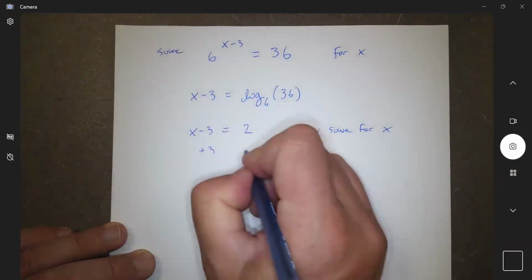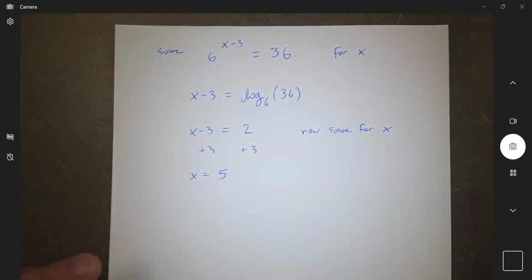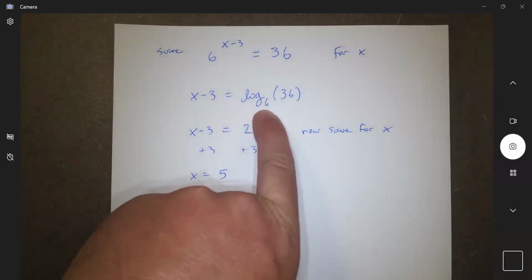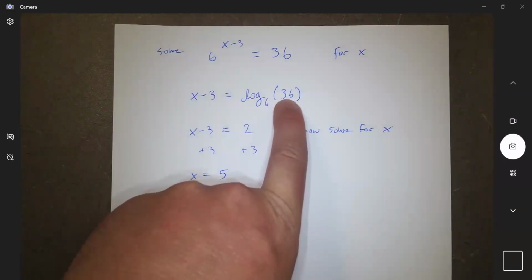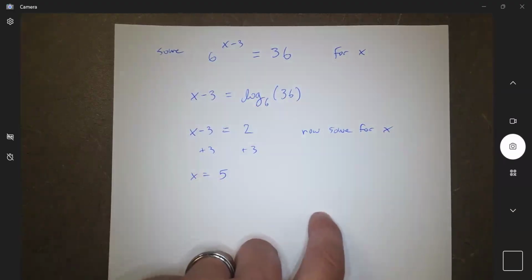Log base 6, log base 5, each one of them has a specific number, right? Log 6 is a value, log 5 is a value, log 4 is a value. Log base 6 is a set of instructions. It's the instructions to find the power that gives you that number when it's a power of 6.